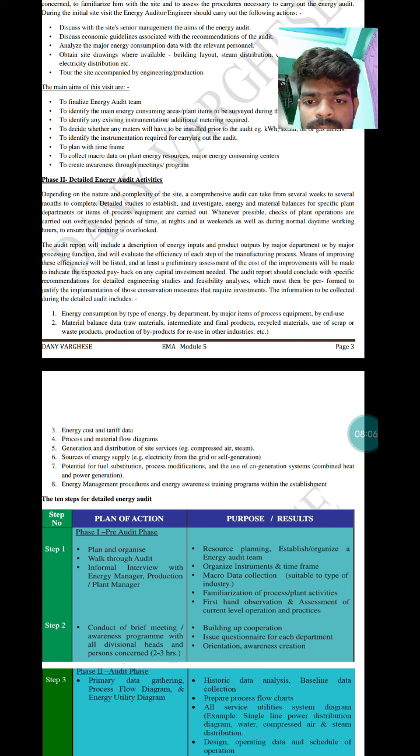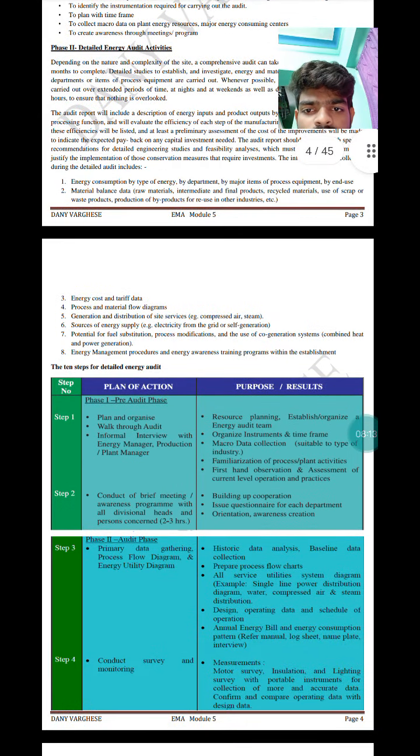That includes material balance data, energy cost and tariff data, process and material flow diagrams, generation and distribution of site services, sources of energy supply, potential for fuel substitutions, process modifications and use of co-generation systems, provided by combined heat and power generation, energy management procedures and energy awareness training programs within the establishment.